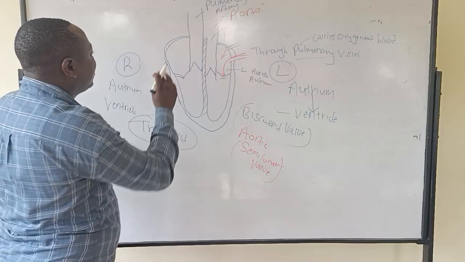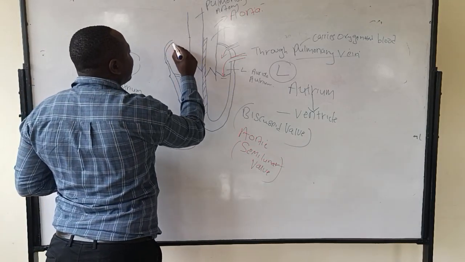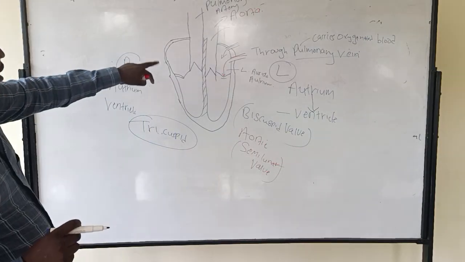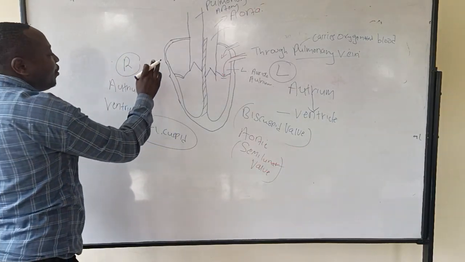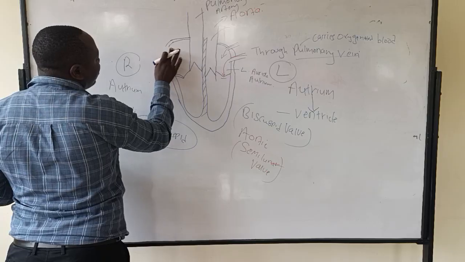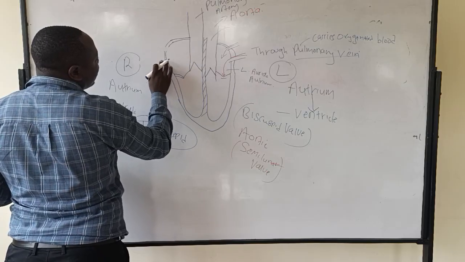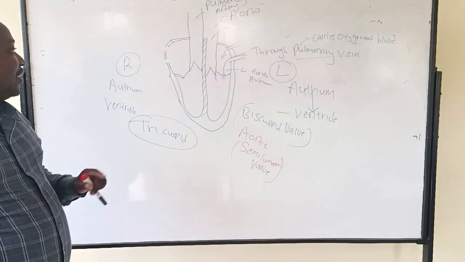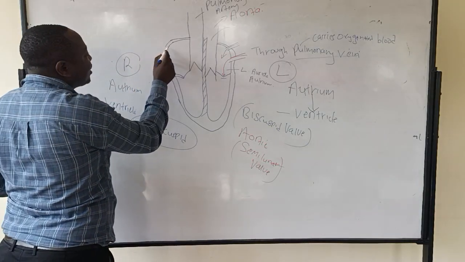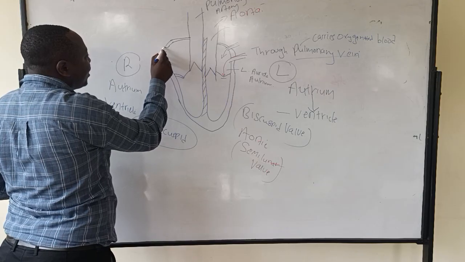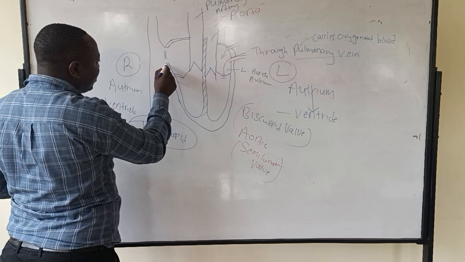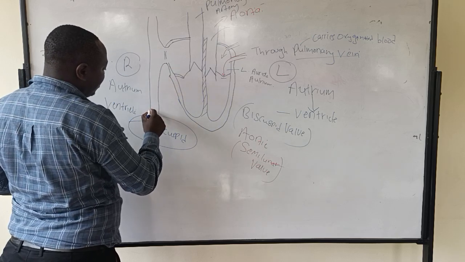Now this is our right atrium. As we know, blood flows to the heart through what we call the vena cava. When it comes to the vena cava, we have the superior and also the inferior.